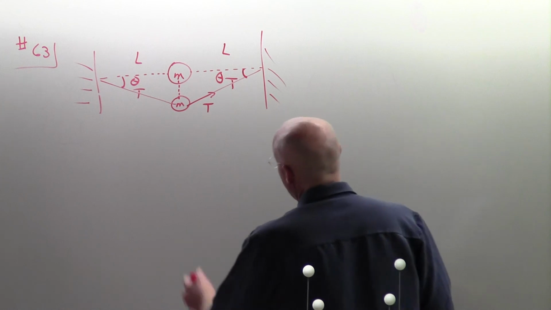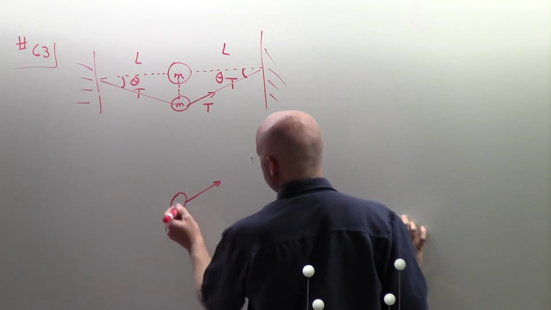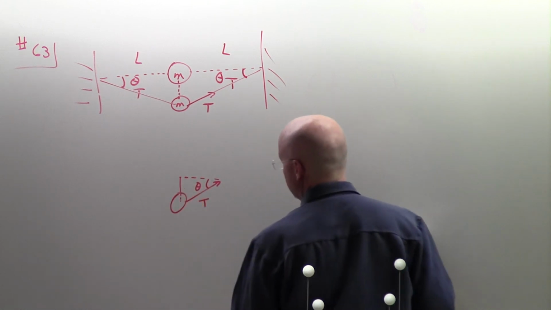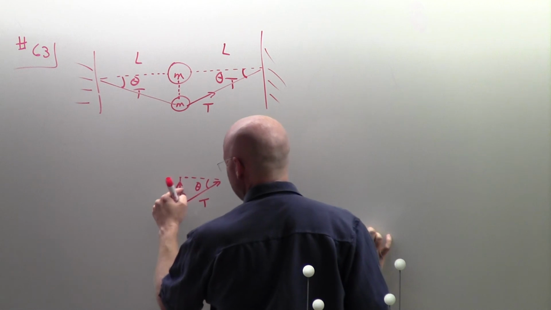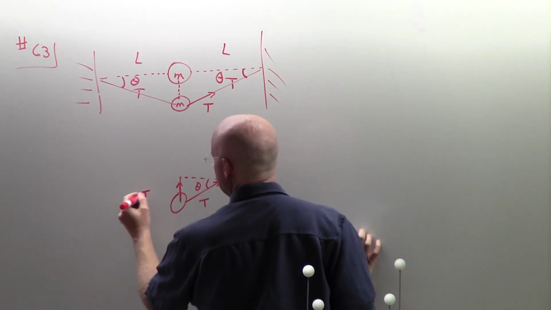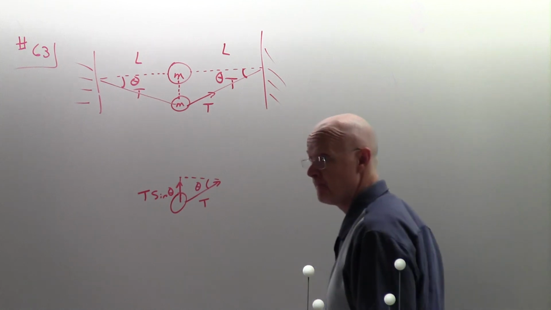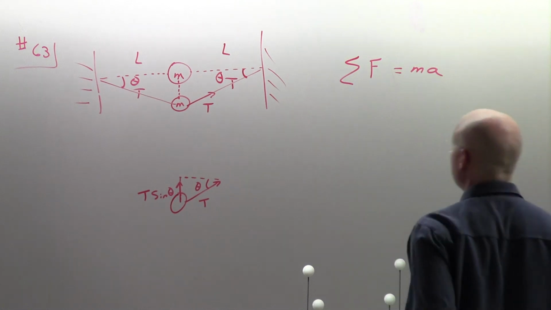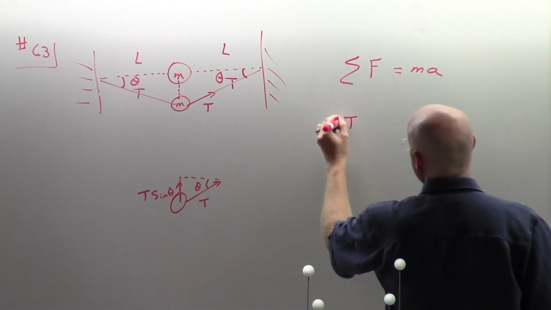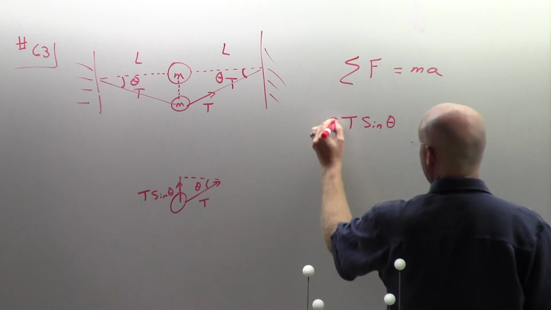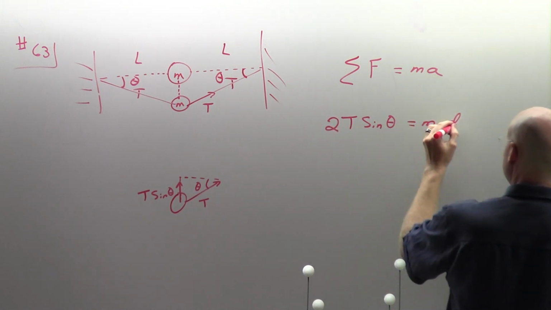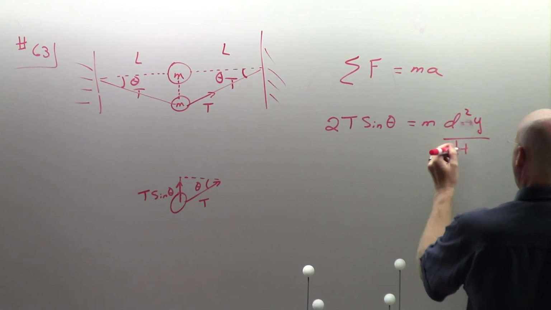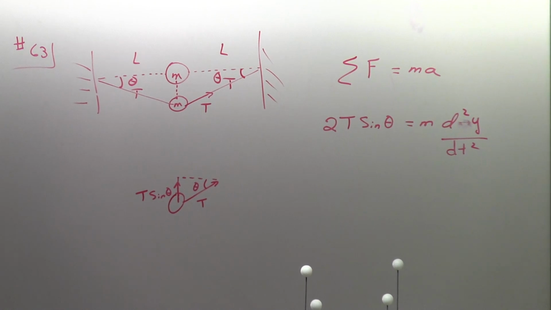But I do know that as I draw my free body diagram, if this is the tension and this is the angle theta, then this force pushing it back would be T sine theta, right? So when I go to add up the forces on this ball, it would be a T sine theta pulling it back, and since there are two rubber bands, I would put a 2 there for twice.